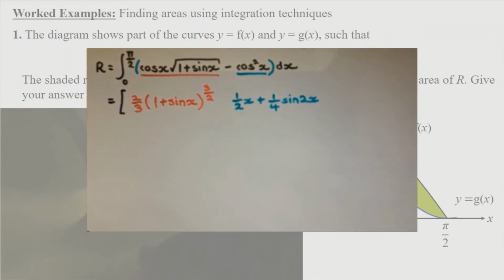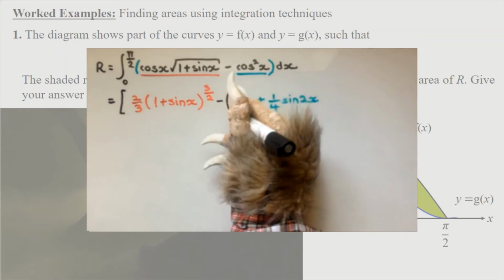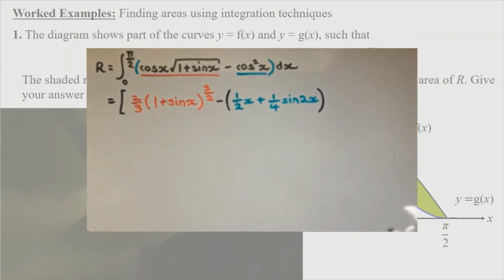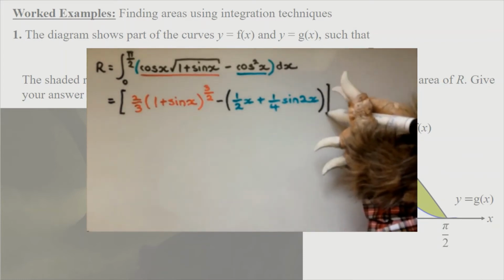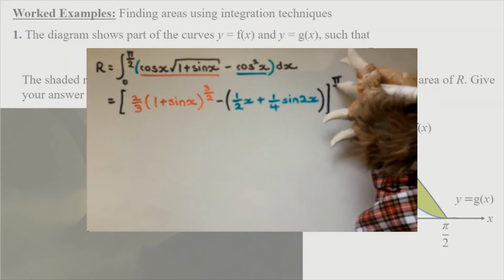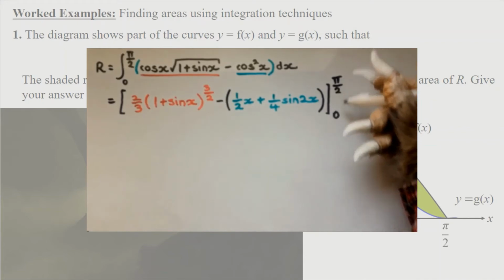And we are subtracting both of these. So I'll put a negative sign there, and then this is being subtracted from the first, and all of this has been integrated, but it's being evaluated between pi over 2 and 0. So upper limit and lower limit.